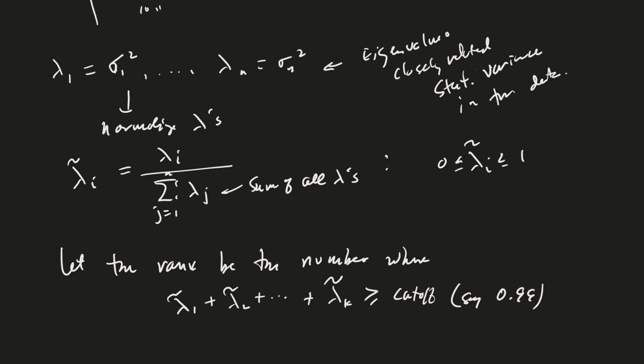So it's the first value where this happens, and you would say the (k minus 1)th sum is less than the cutoff. 99% is a pretty good generic value to use.